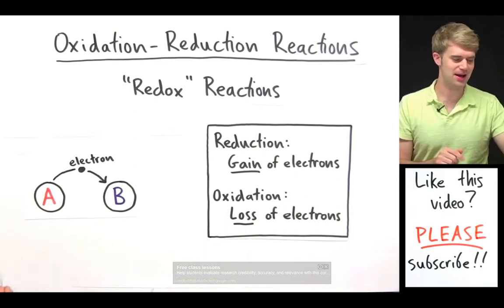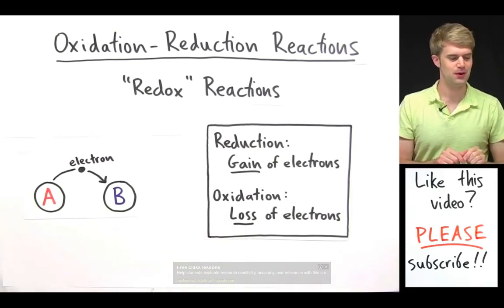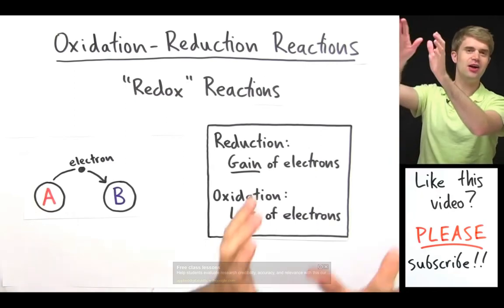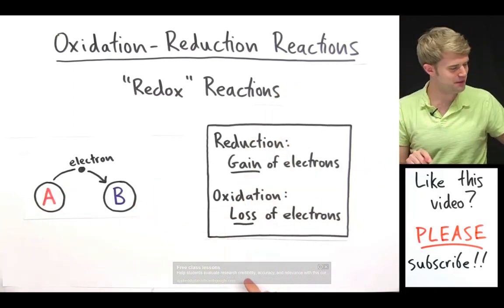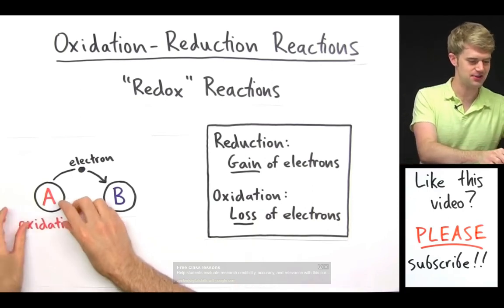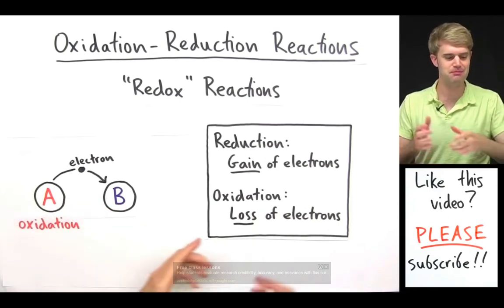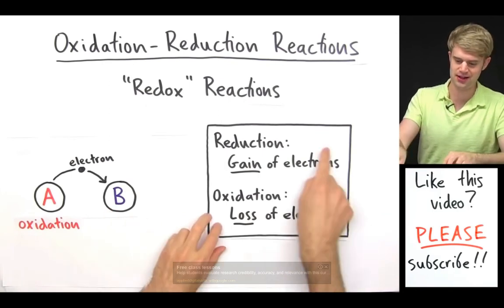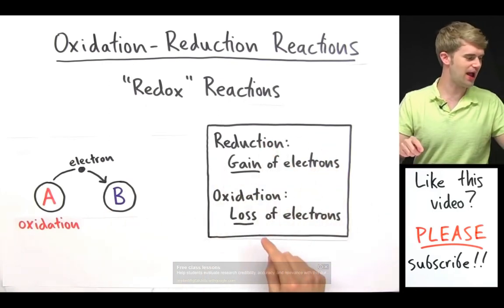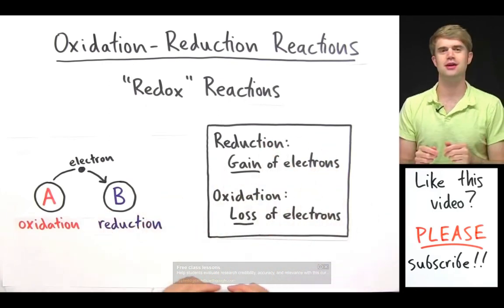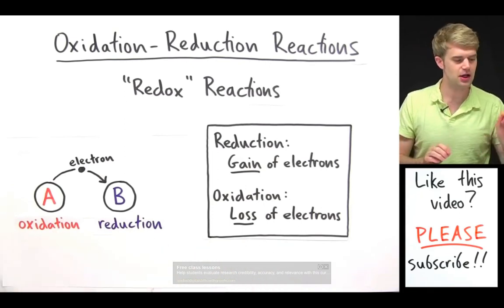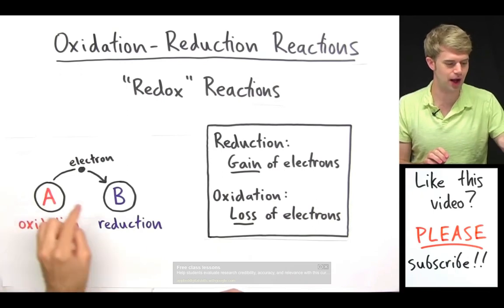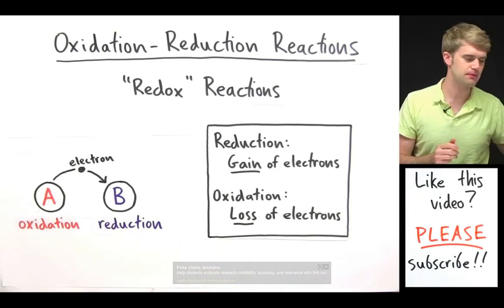What's happening to atoms A and B over here? Well, atom A is giving up one of its electrons. It's losing an electron. So at atom A, oxidation is taking place. Atom B is receiving an electron. It's gaining an electron. So at atom B, reduction is taking place. Now, we can modify these words slightly to come up with terms we use to describe what's happening to the atoms.